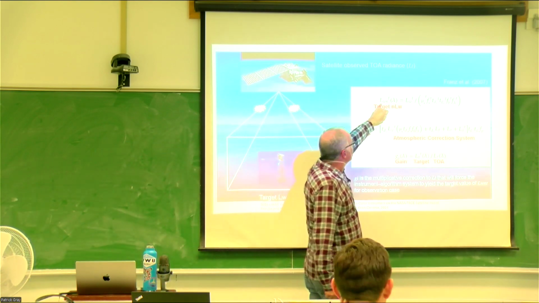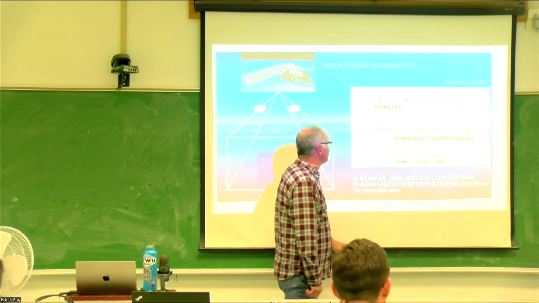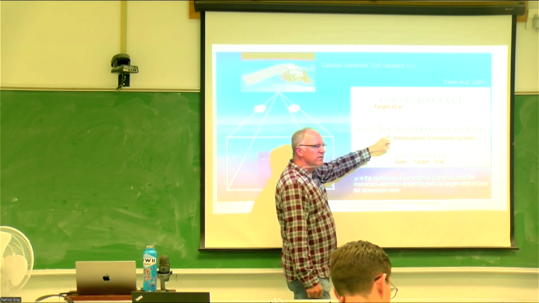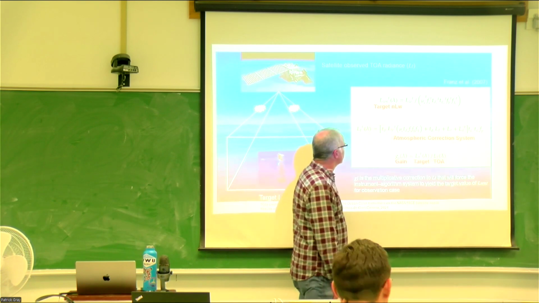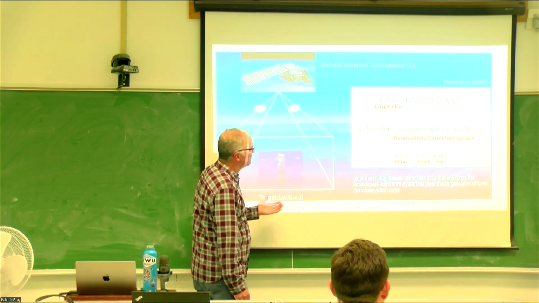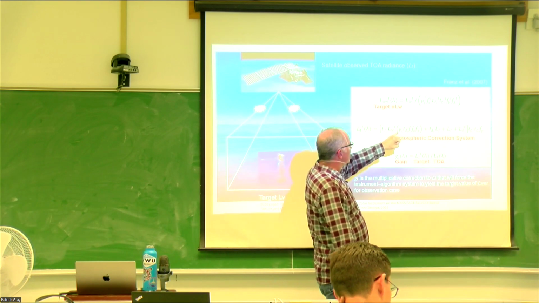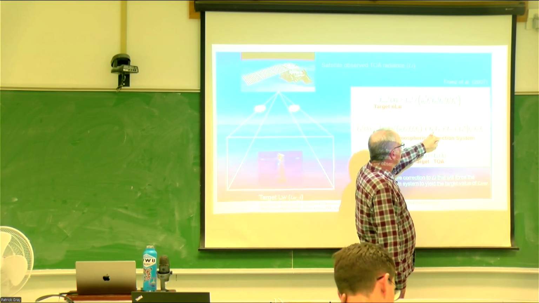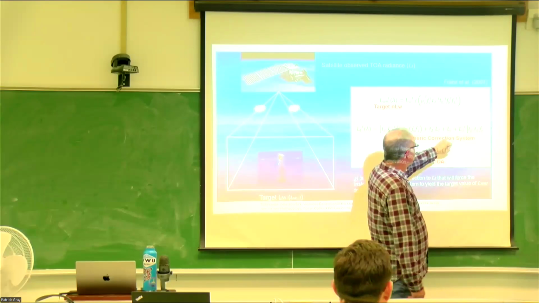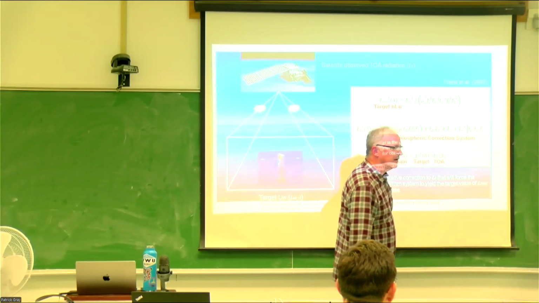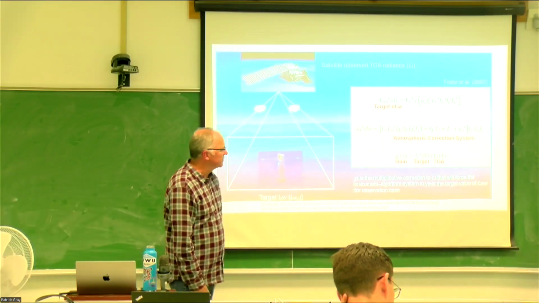There's my target water leaving radiance. Here's the atmosphere contribution to that total component. Now we've got water leaving radiance, we've got the reflectance of the atmosphere, we've got Rayleigh, we've got aerosol, radiance coming off, scattering and things.